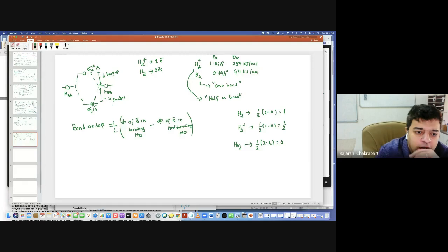But now let me recall what we had there in your molecular orbital picture. We had a matrix. Do you remember the matrix?